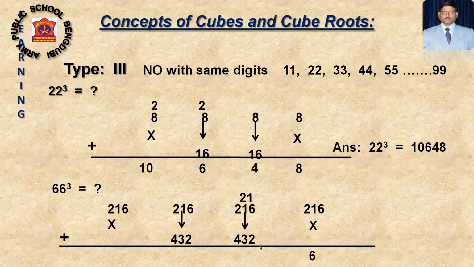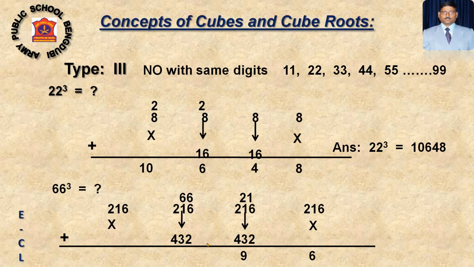After adding, how much will I get? 669. So 9 will be here, and 66 will be carried forward. Now 66 plus 216 plus 432.